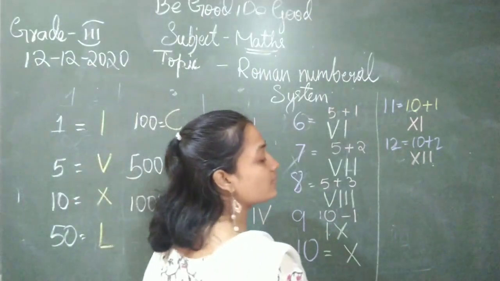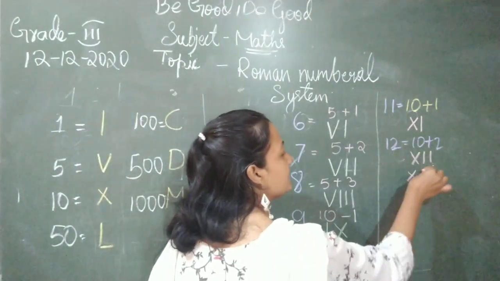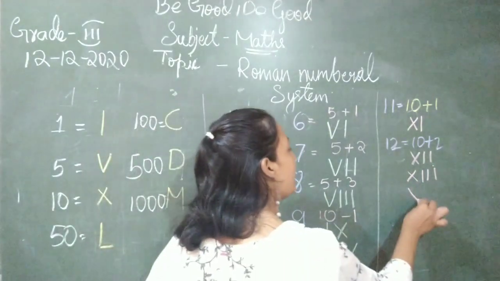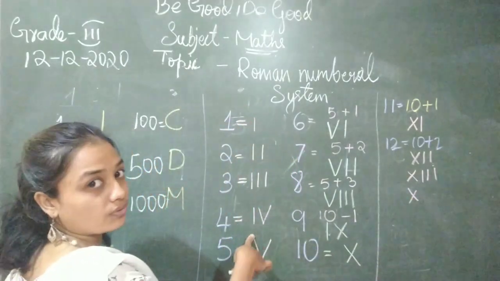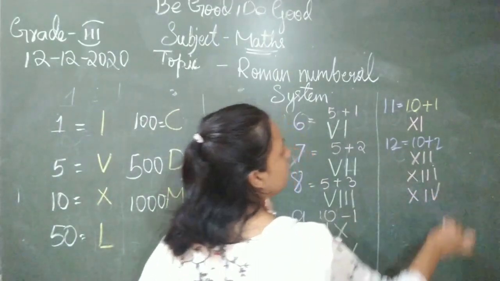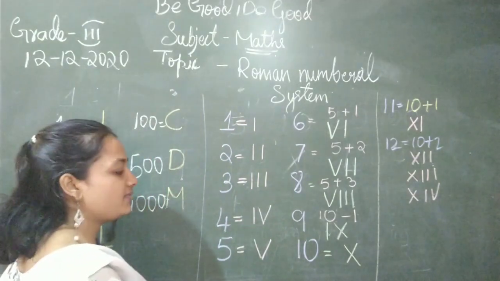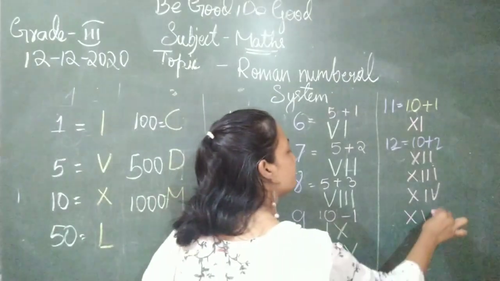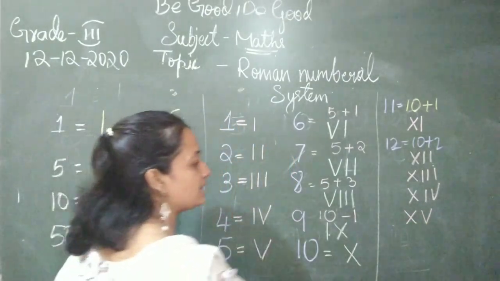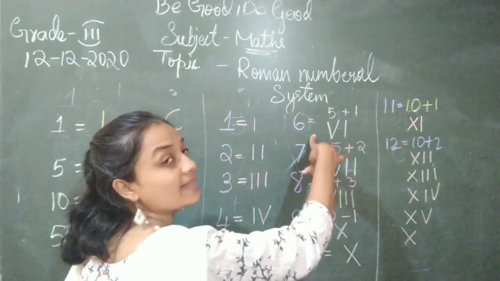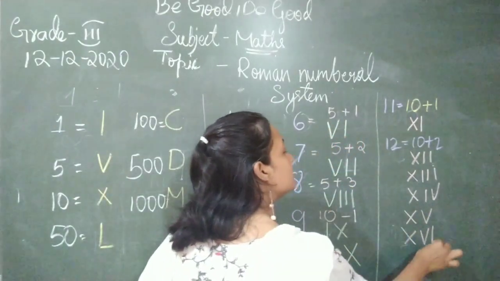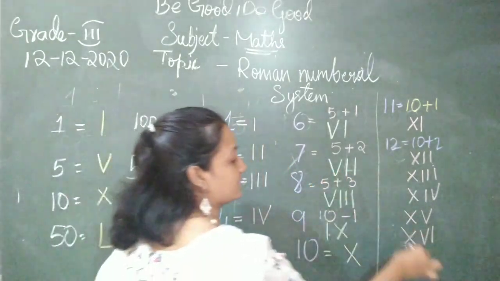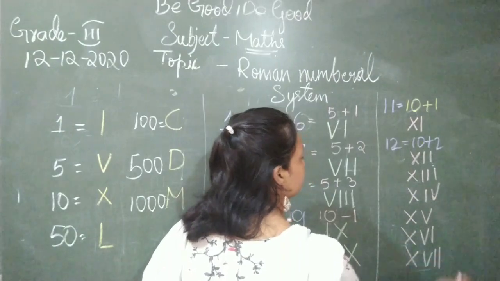So can you guess what is for 13? X, 3. For 14, X is 10 and 4. 1, 4. 14. 15, I write 10 and 5. 15. Similarly, I write 10 and 6. 16. 10 plus 7, I write 17.